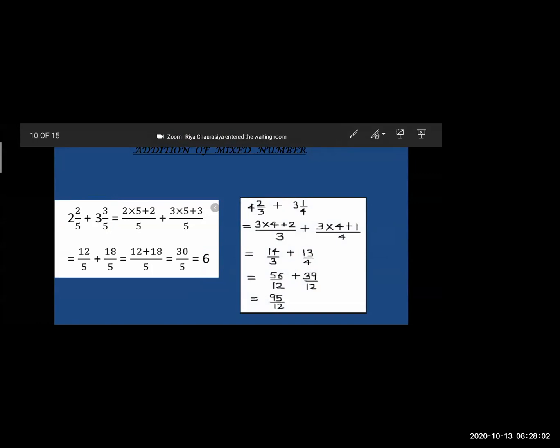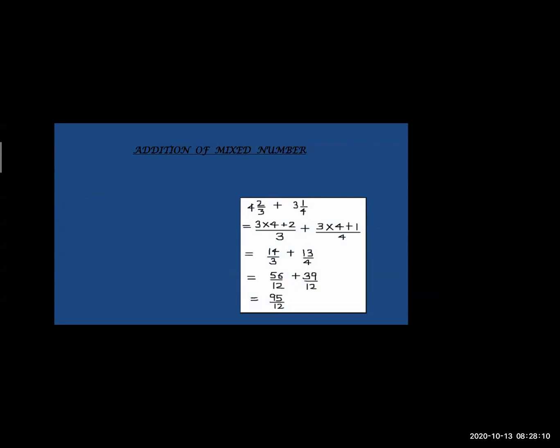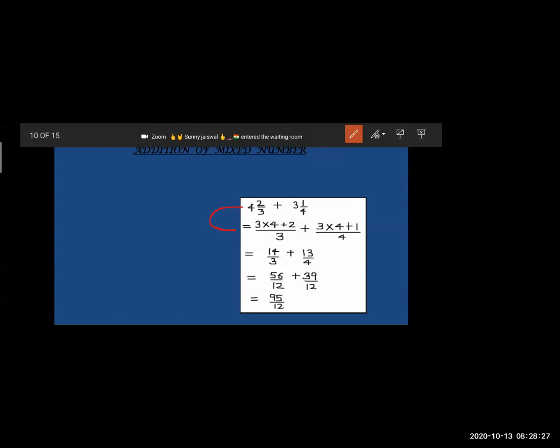Just look at one more sum. Now here it is something different, okay? As you see in this sum, 4 2 upon 3 plus 3 1 upon 4 is your sum. What we had done first? We have just converted mixed number into an improper fraction.